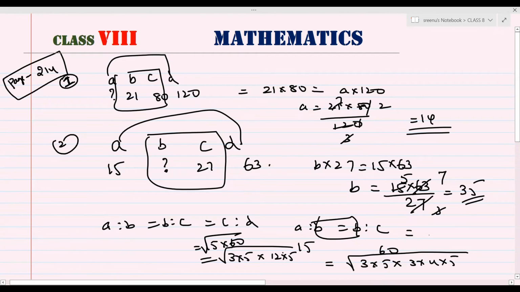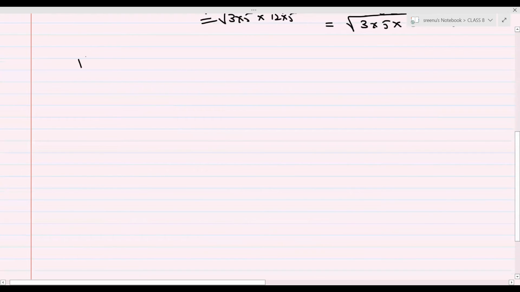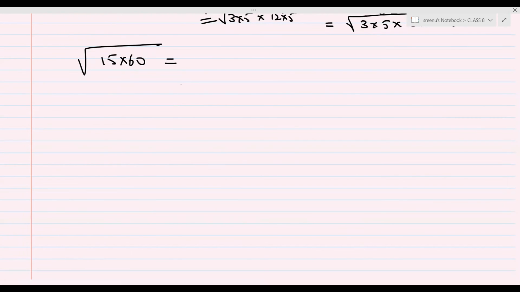Every term appears 2 times: 3 square, 5 square, 4 is 2 square. The square root cancels, so 3 into 5 into 2 is the answer, 30. The mean proportion is the square root of the product of the given numbers.